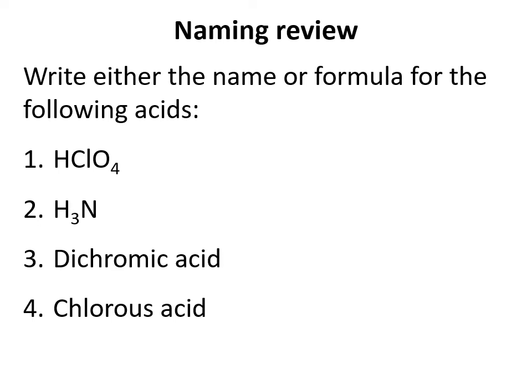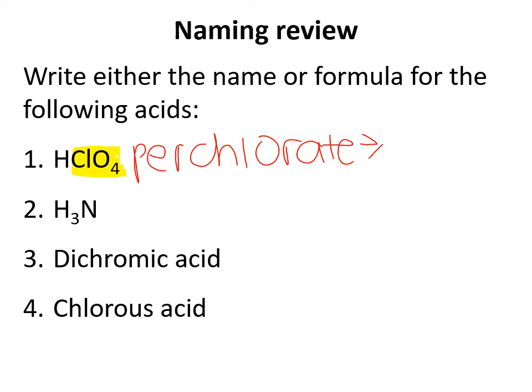So we're going to practice. These are mixed up. So number 1, HClO4. That has oxygen in it. So what is ClO4? Go look at your polyatomic ion list. That is perchlorate, which means it's an ate, so it becomes perchloric acid.